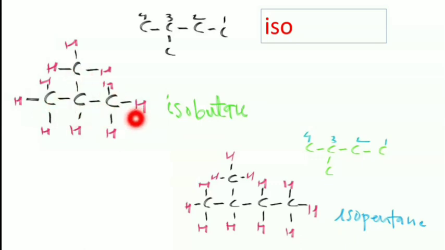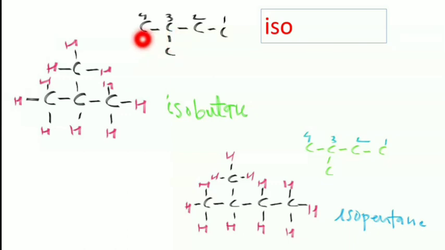So what we are going to learn in this rule is where you can use iso. 1, 2, 3, this is a continuous chain. On this continuous chain, you can give the numbers 1, 2, 3. See here I have drawn the carbon chain 1, 2, 3, 4.